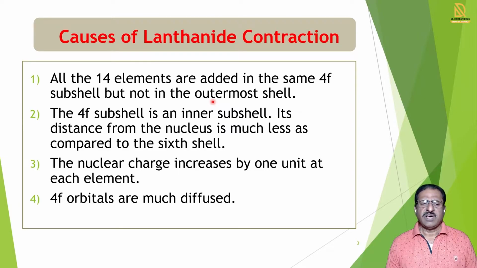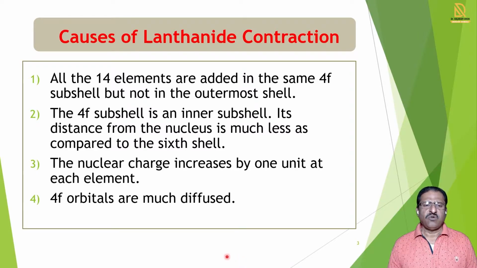All the elements are filled in the 4f subshell and not in the outermost shell, because in the lanthanide series the electrons are filled in 4f, and outside it is 5d, and further out is 6s. Here electrons are not filled in the outermost shell but in the inner n-2 f shell, and all the electrons are filled in the same shell.